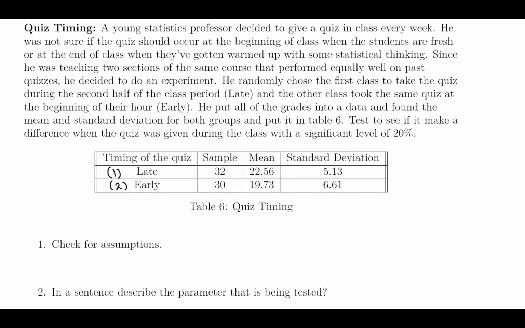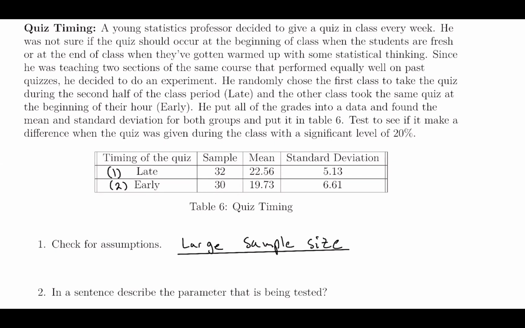So for the central limit theorem, all we're gonna check is to see if we have a large sample size. So let's check if we have large sample size. Cool.